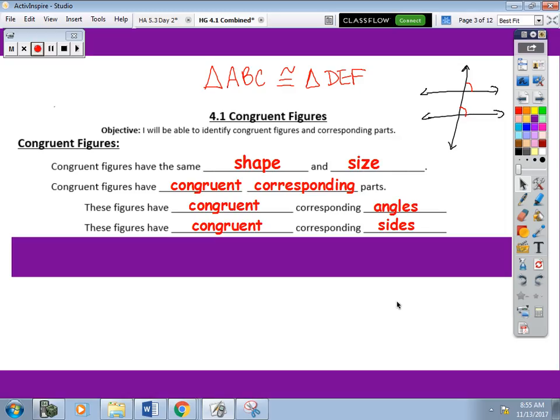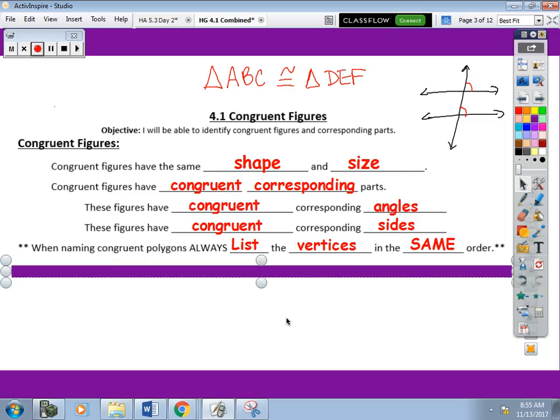We will learn shortcuts for proving triangle congruence tomorrow, but for today we're going to have to prove all the sides are congruent to all the sides, all the angles are congruent to all the angles. And when you're writing out this congruent statement, you do want to make sure that you always list the vertices in the same order. Okay, the order will matter. How you name the first one doesn't matter, but you have to make sure the second one matches up with the corresponding parts. And you'll see what I mean in one of the examples below.